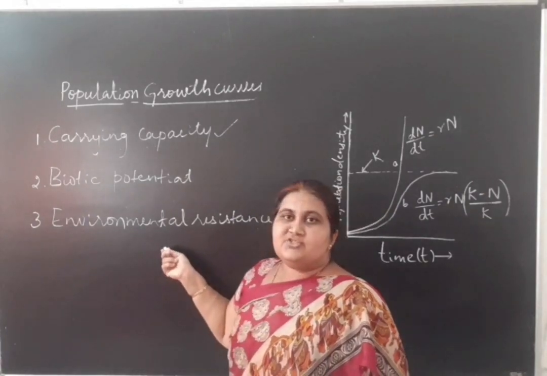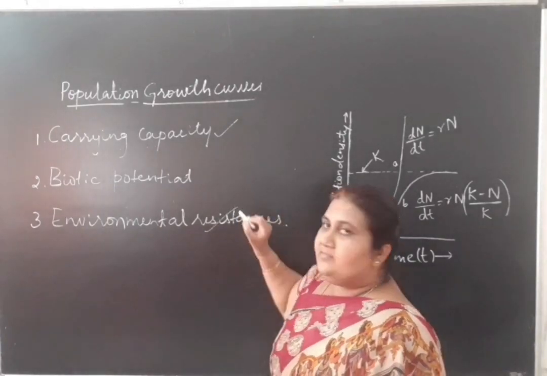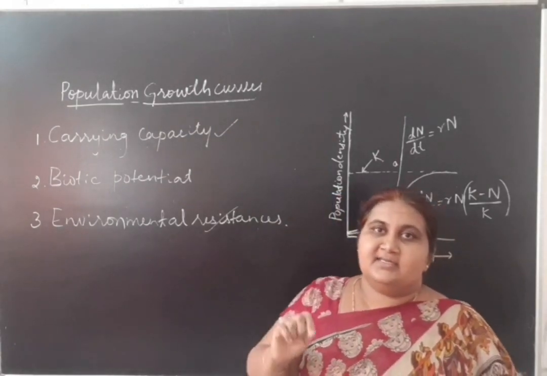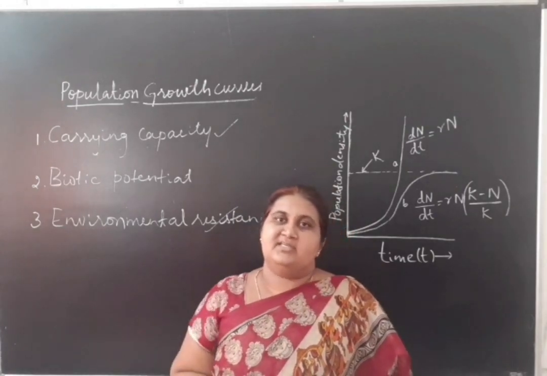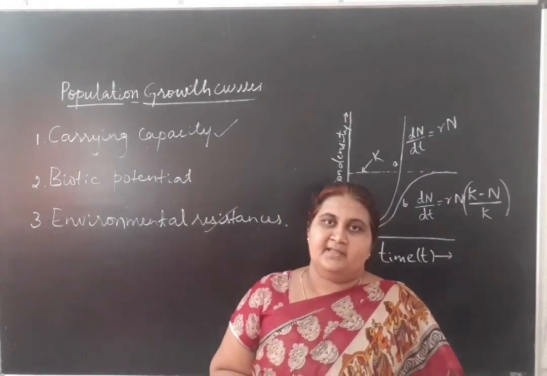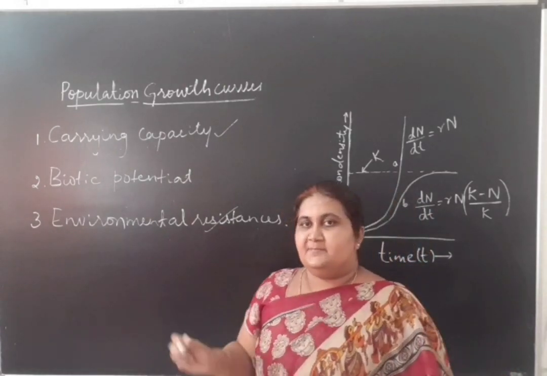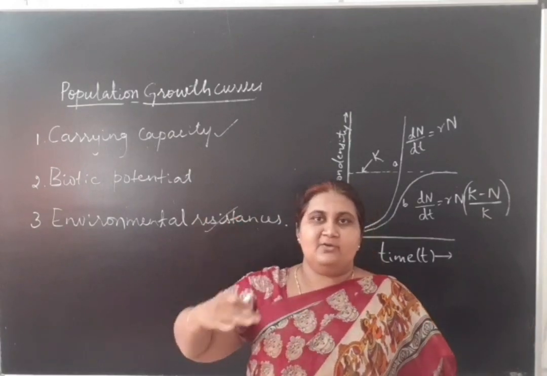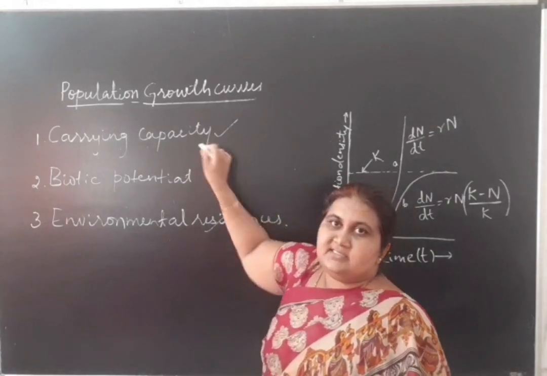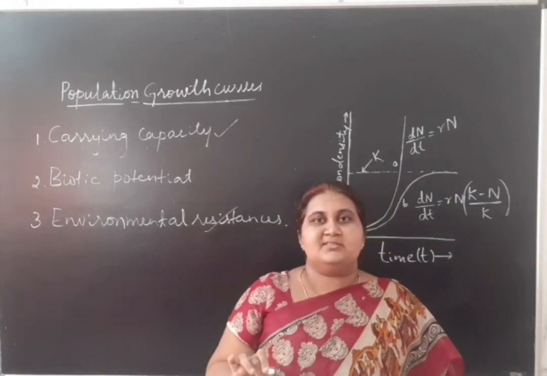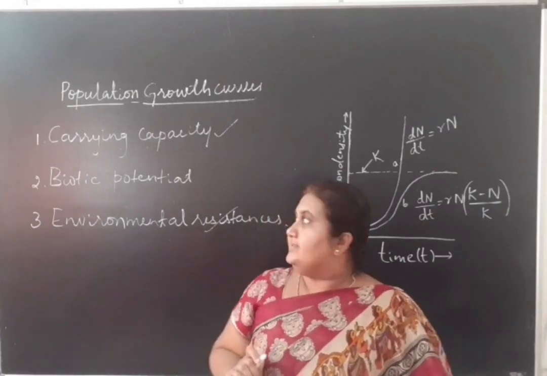What is the importance of environmental resistance? It will limit a population to be below the carrying capacity. It will check a population not to cross carrying capacity. Carrying capacity is the maximum number of individuals that can be sustained by any given habitat.